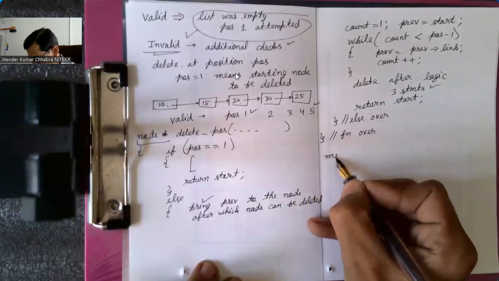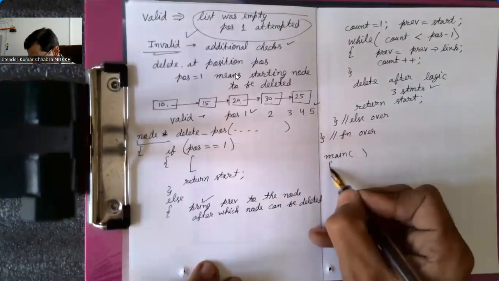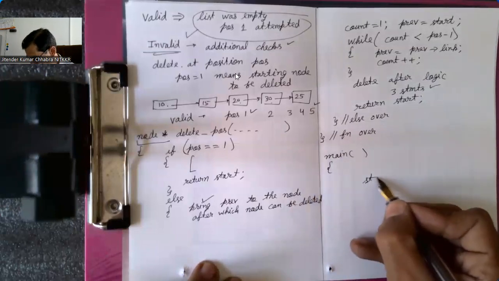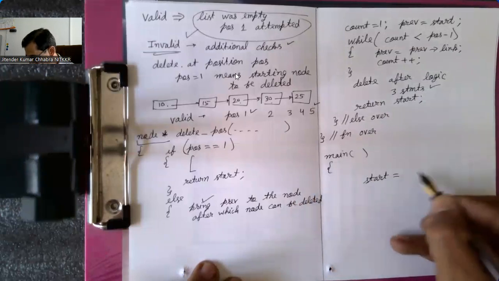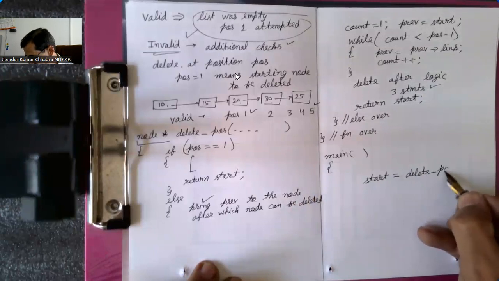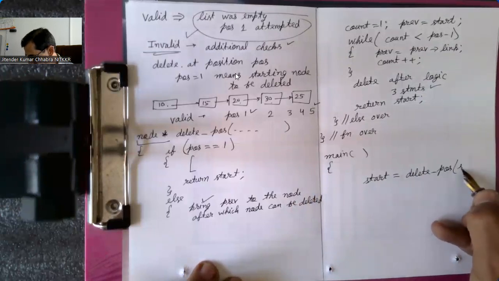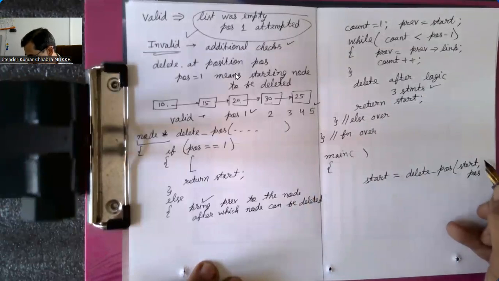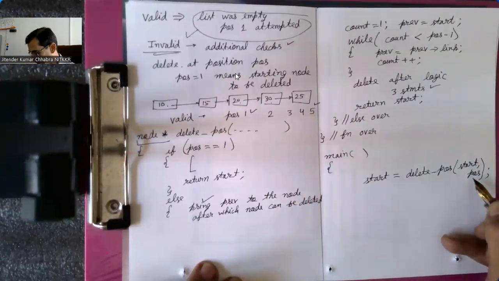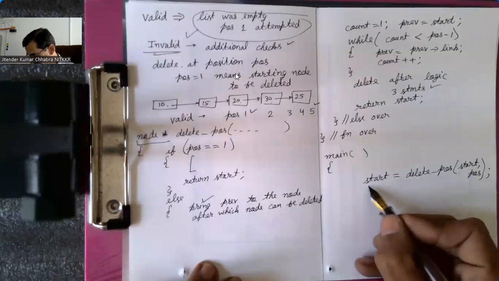From main, the call will be in a similar manner. It will always be implemented as start equal to delete position at some position, with start and whatever POS you sent. And if you want ampersand del val, that also you can do.